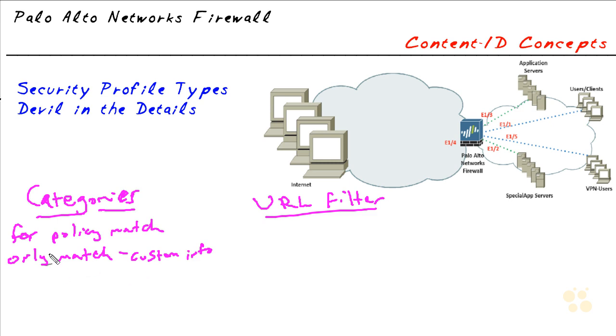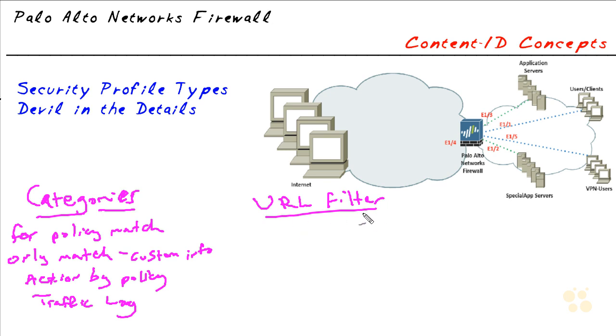The action, of course, is by policy. And logging is going to be in there. It's going to be in the traffic log. So that's my standard log for things as far as where policy matches are going to be in there.